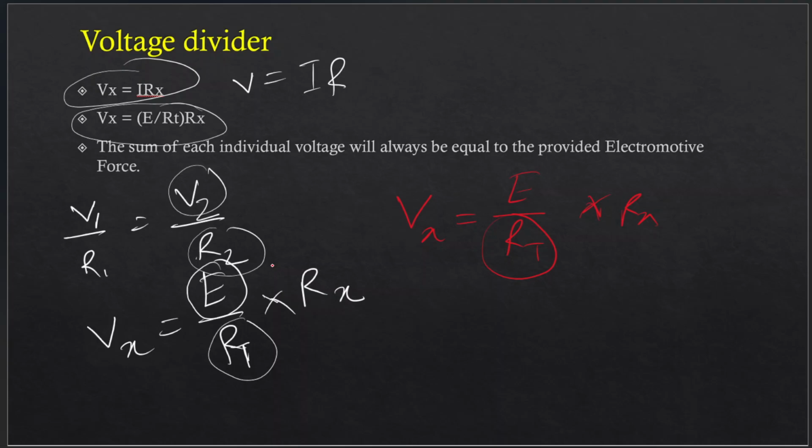Okay, and this is an important point. The sum of each individual voltage will always be equal to the provided electromotive force. Now again, this is applicable only for series connections. So let's just draw a circuit.